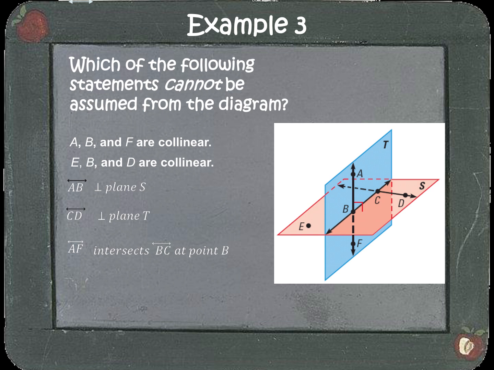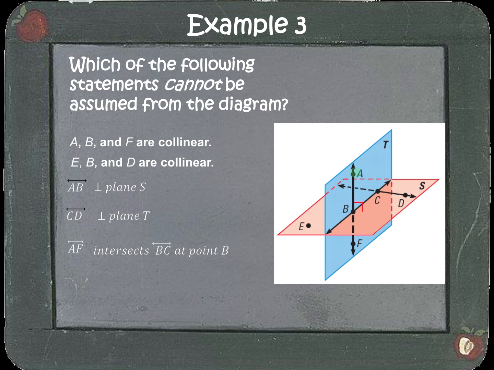Okay, so for example 3, it says, which of the following statements cannot be assumed from the diagram? So remember, never assume anything. You have to look for the appropriate markings, the appropriate measures, things like that. The first statement is A, B, and F are collinear. So let's find out where A, B, and F are.